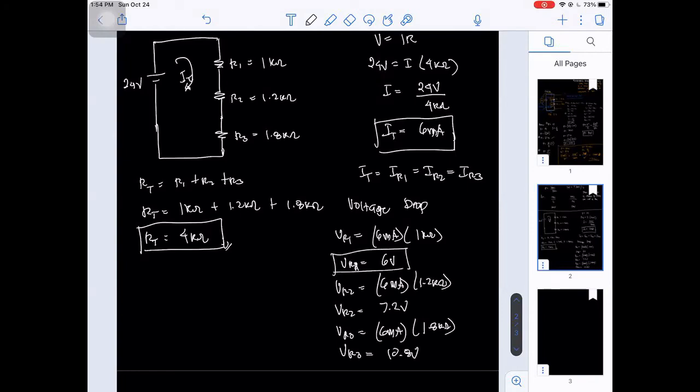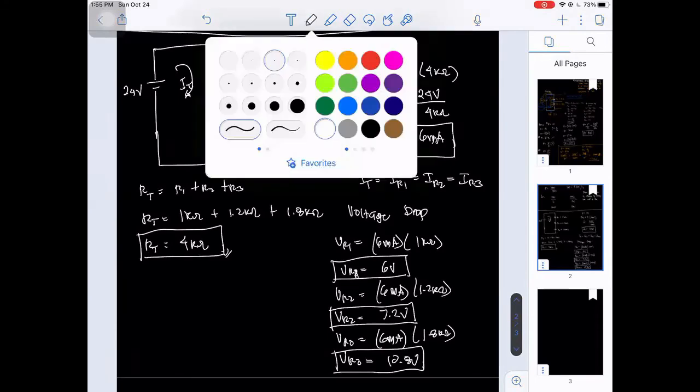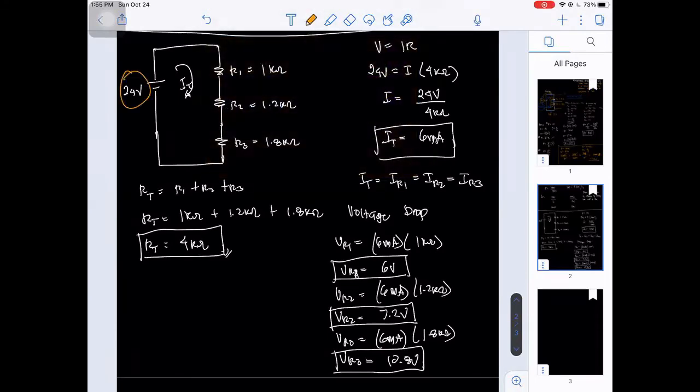So we have this one, and this one. As you notice, if you sum up all the voltage drops across each resistor, it will add up to our applied voltage, which is equivalent to 24 volts.